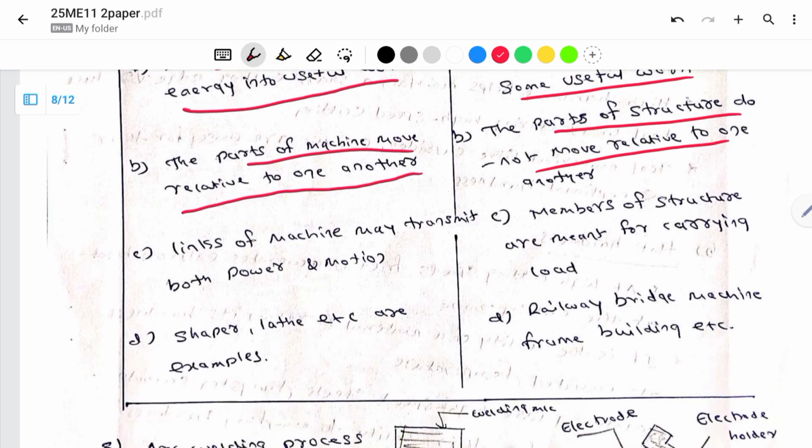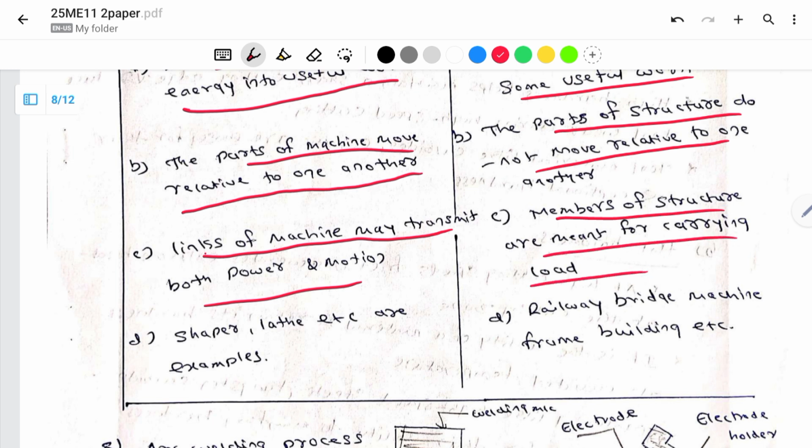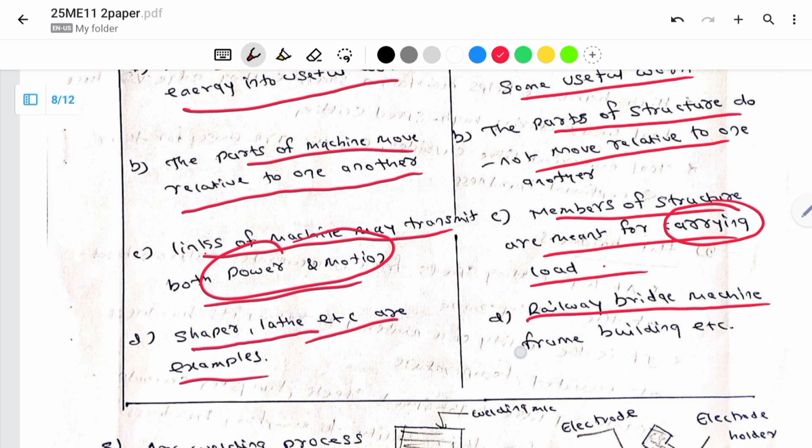They will be fixed. Links of the machines may transmit the power and the motion. Here no transfer, and parts of the structure are only for carrying the load. Here power as well as motion is transmitted. Next, shaper machines and lathe machines are the examples. Here railway, bridge, buildings are the examples of the structure.